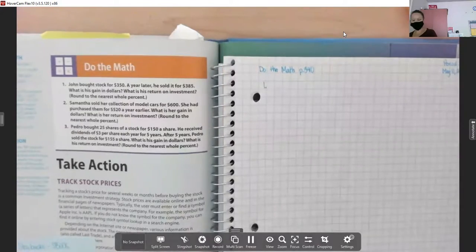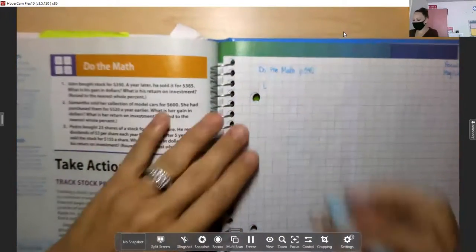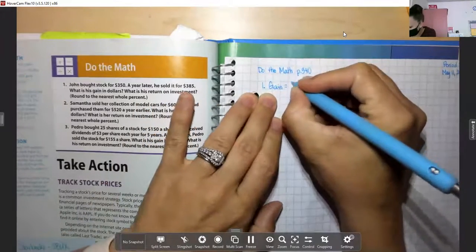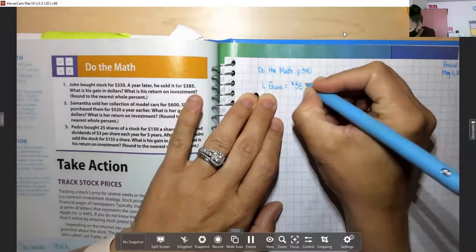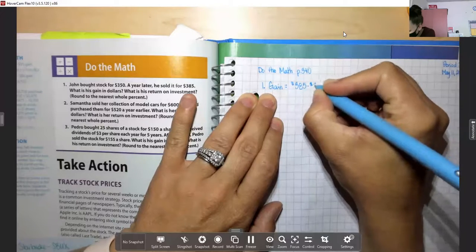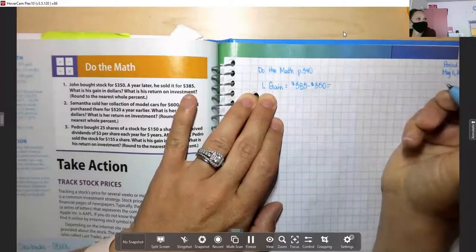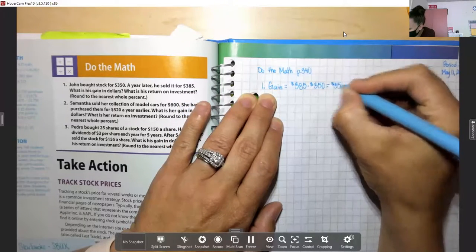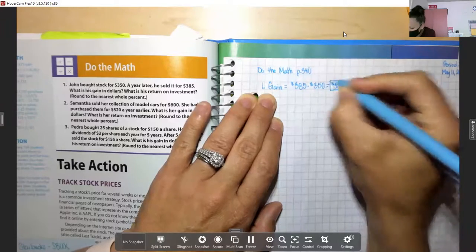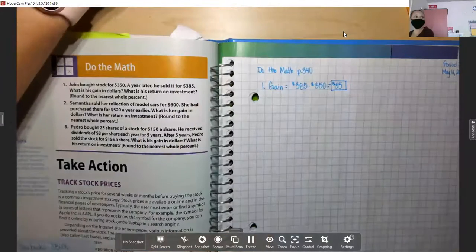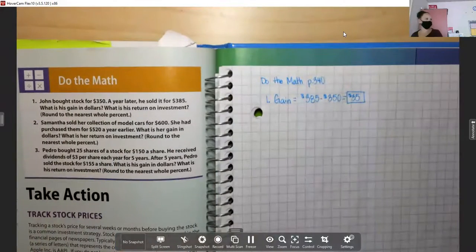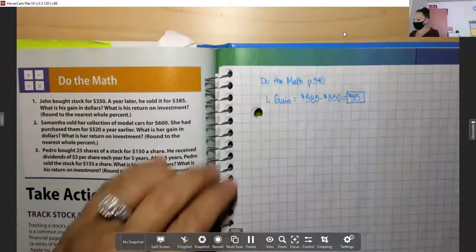So his gain in dollars: he sold it for $385, but he had previously bought it for $350. So John gained $35. So $385 minus $350 is $35.